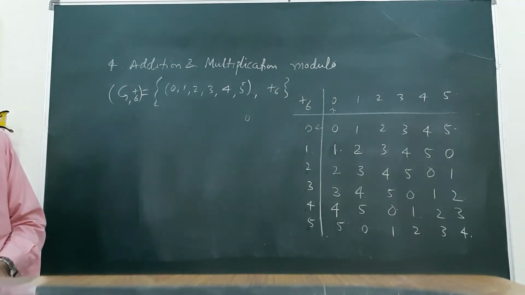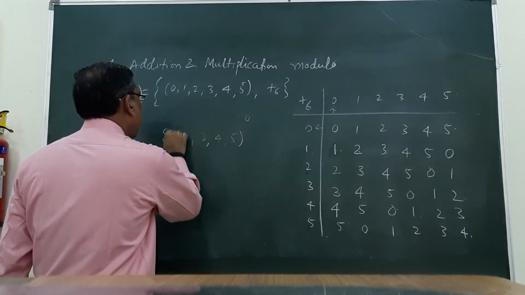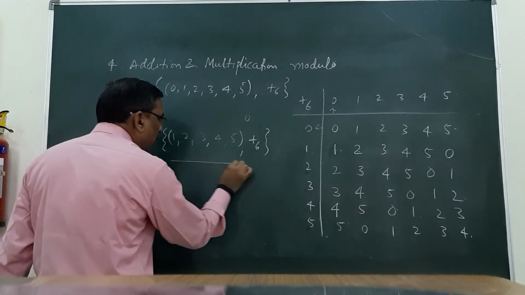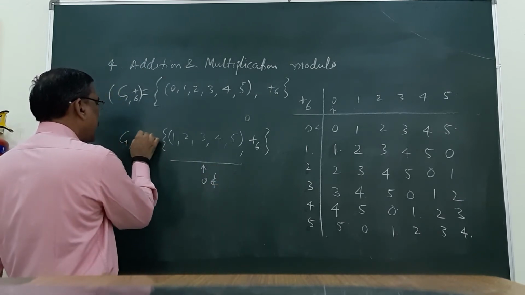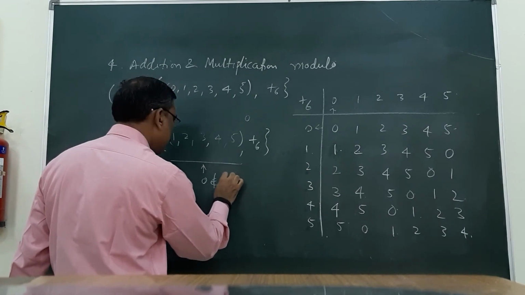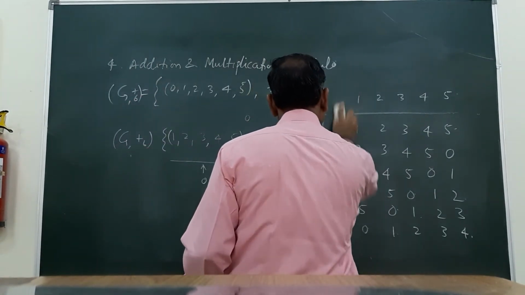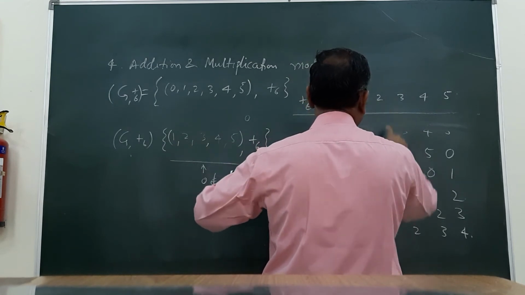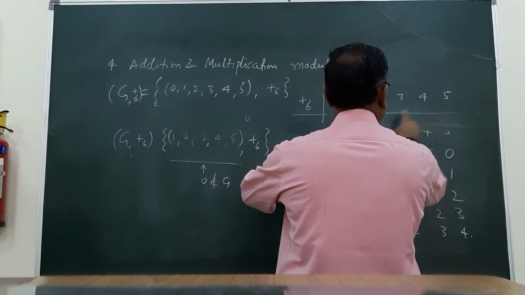But if instead we take the set 1, 2, 3, 4, 5 and the operation addition modulo 6, this will not be a group since 0 does not belong to the set G. In our table we can eliminate this row and column, and 1 plus 1 is 2, 1 plus 2 is 3, 1 plus 3 is 4, 1 plus 4 is 5, and 1 plus 5 is 0.